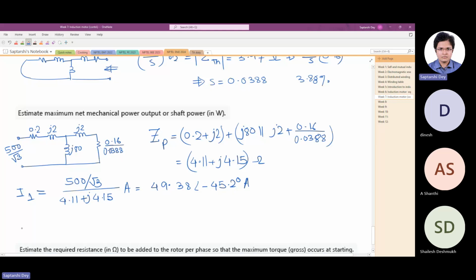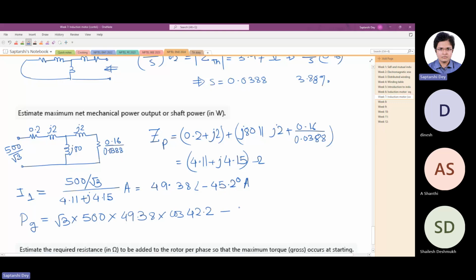Anyway, so what is the input power? Same approach we are doing. Input power is √3 VL IL cos phi. Let us do air gap power directly. We have done it much.